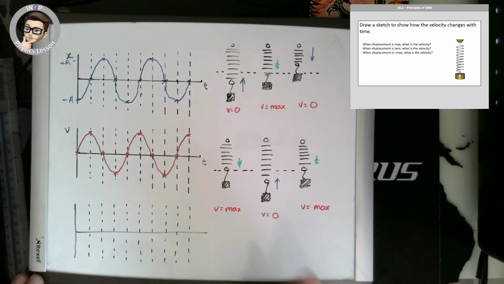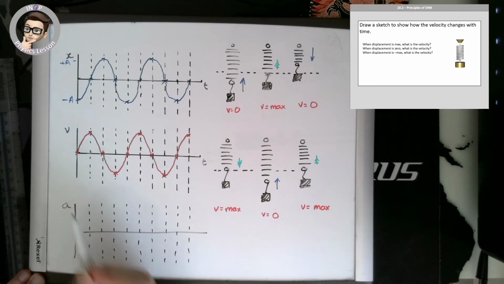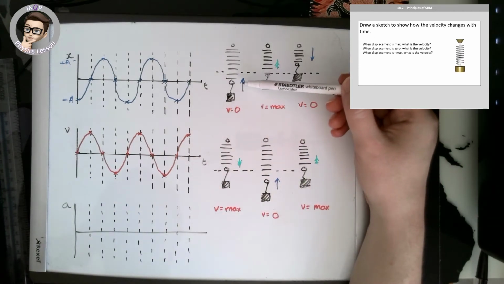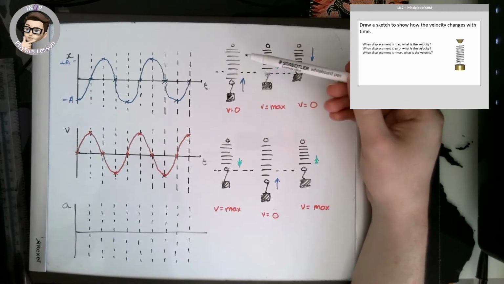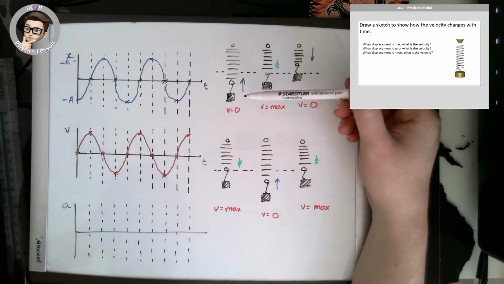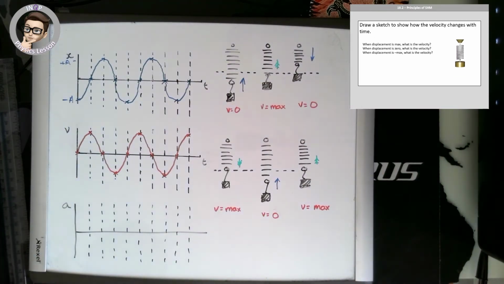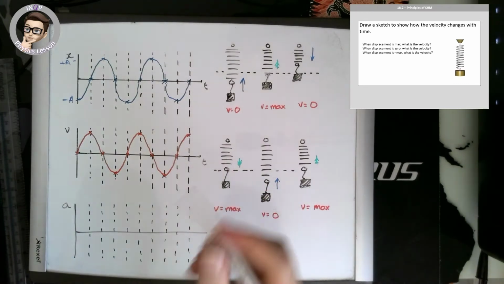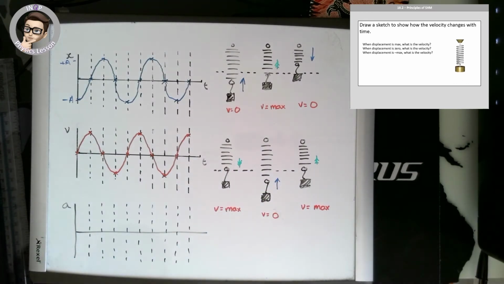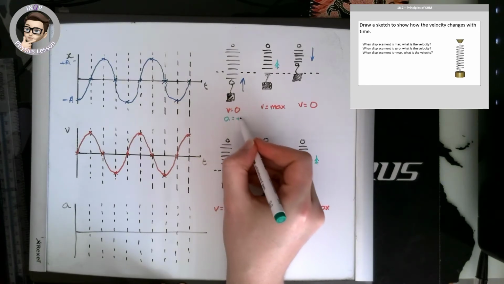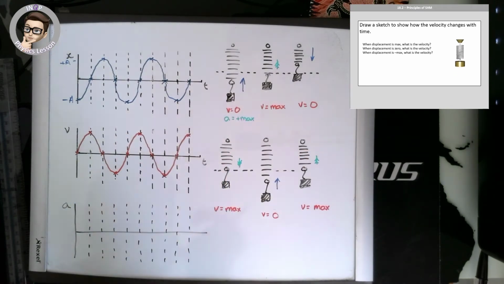If we think about this first stage, we can see that we have a restoring force acting upwards, so in a positive direction, even though our displacement is negative. Our acceleration at this stage, we'll use green for acceleration, is going to be positive maximum.